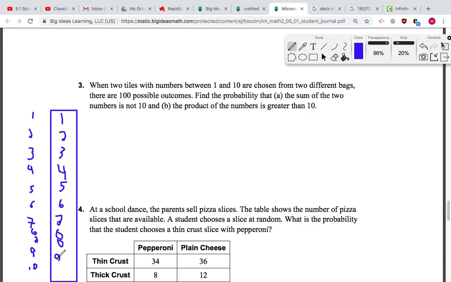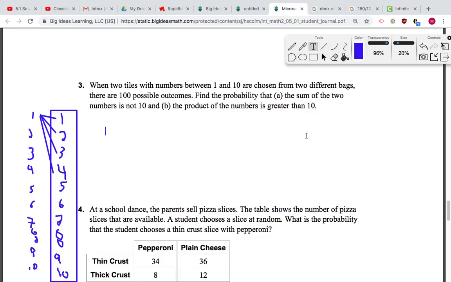If you connect these, we have a 1 on 1. That's not 10. That's not 10. That's not 10. So basically, you guys have to count the number.